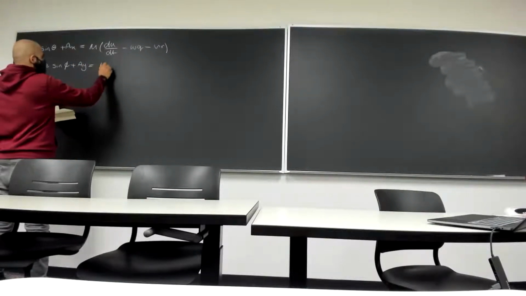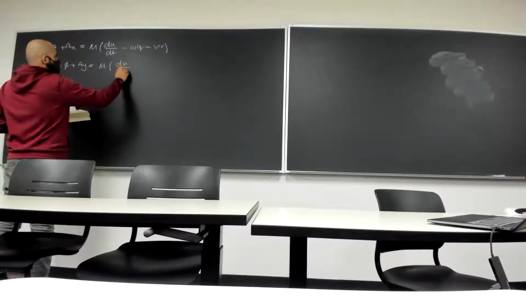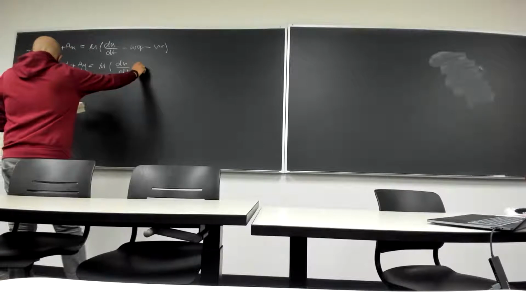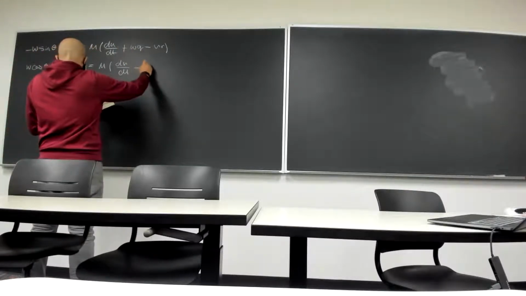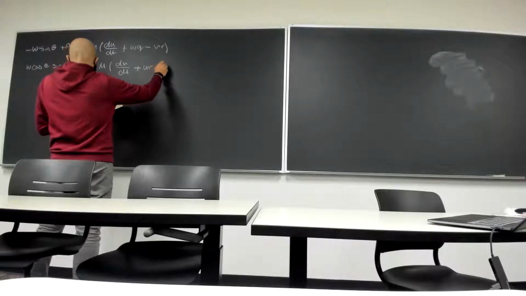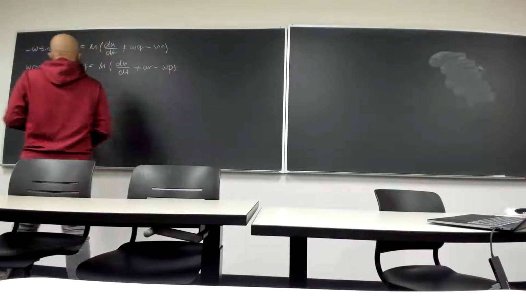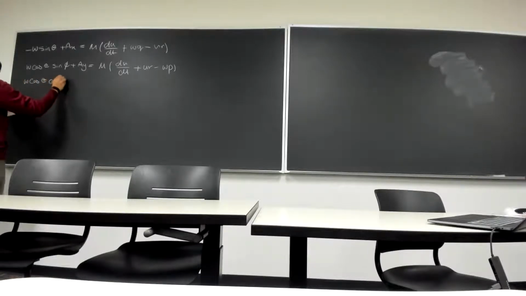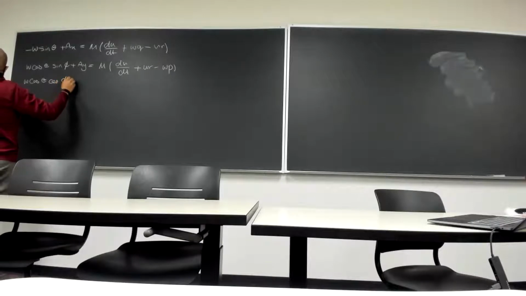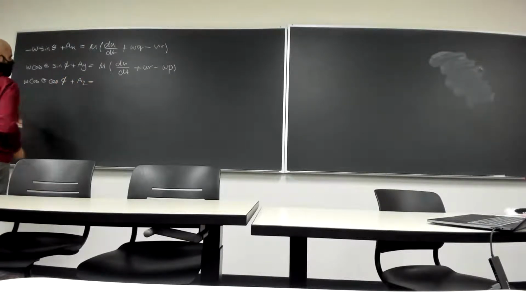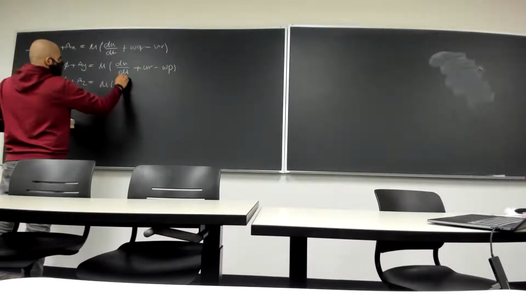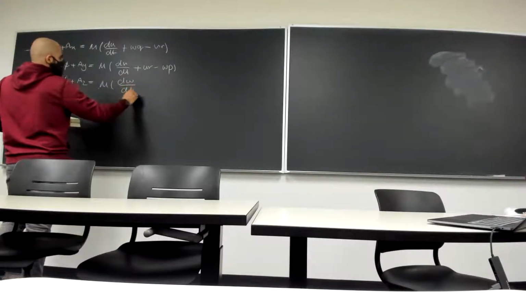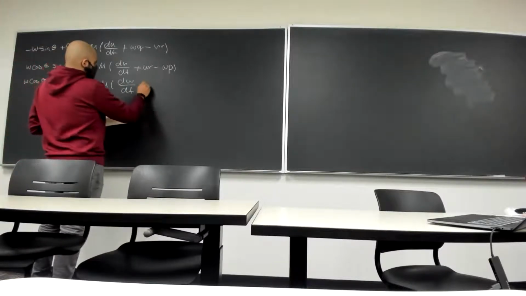Hopefully you will remember these. And dV/dt plus UR minus WP. And we have W cosine of theta, cosine of phi plus AZ equals m times dW/dt plus VP.